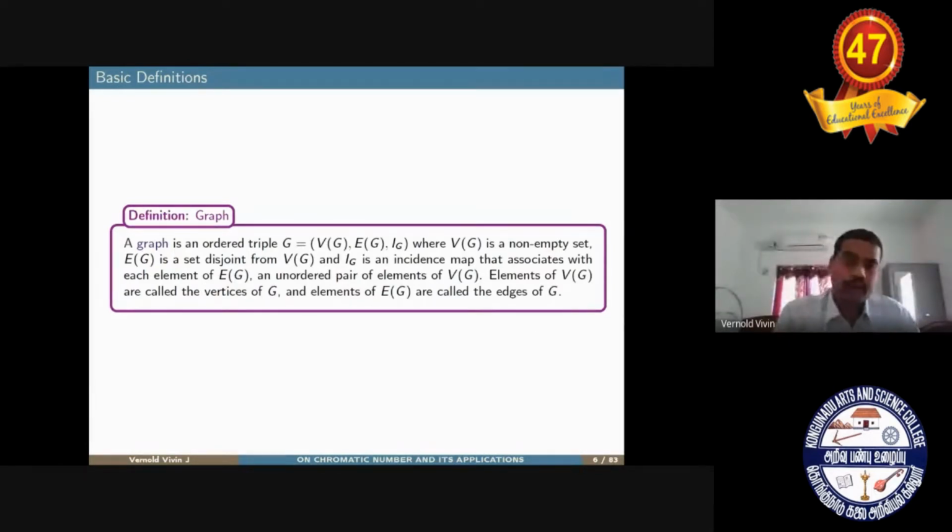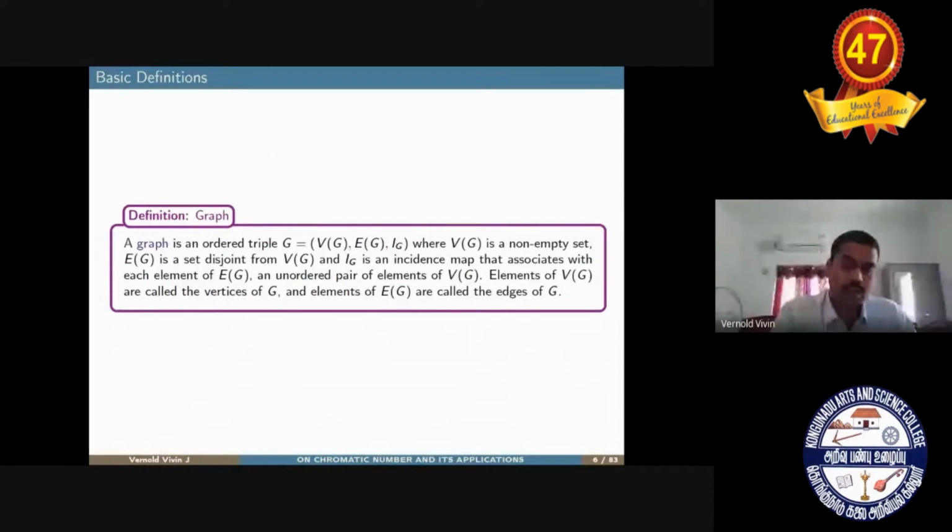A graph is an ordered triple, which we denote by G, and the vertex set is represented by V of G, and the edge set is represented by E of G, and we have a function called the incident map that we denote by I of G. The vertex set is a non-empty set, and the edge set E of G is a set disjoint from V of G, because V of G will have only vertices and E of G will have edges.